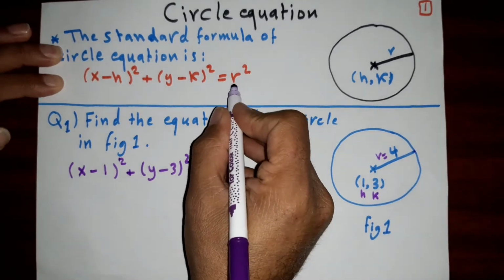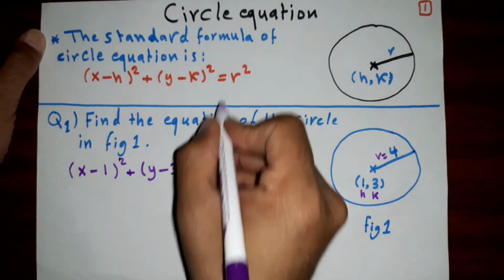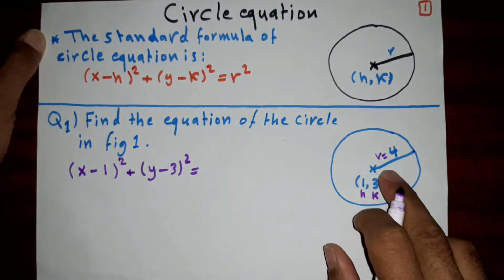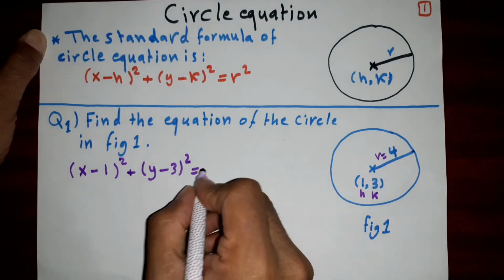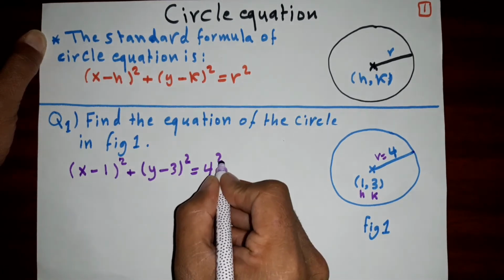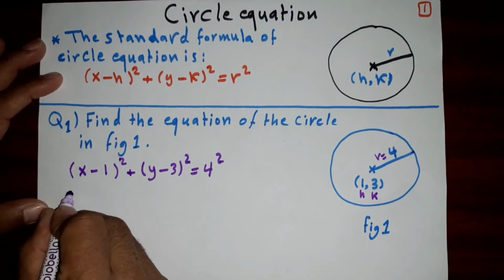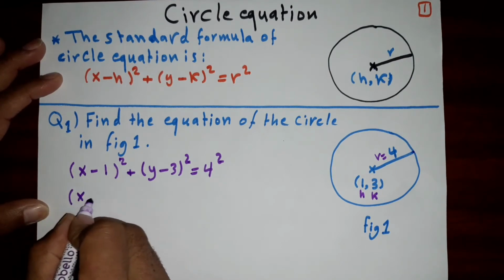Then r squared, we substitute the value of the radius, which is 4. So r squared will be 4 squared. Rewrite the equation again.